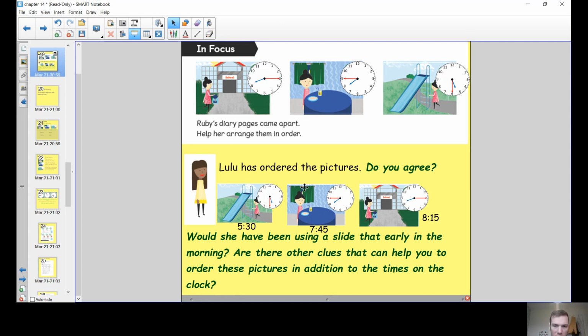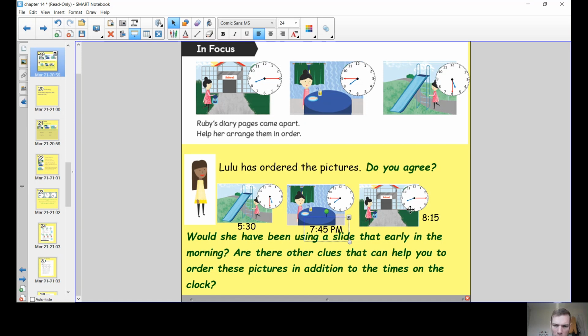Well, I think this is a really big clue here in this middle picture Lulu's chosen. We've got the curtains closed and it's dark outside. So I don't think this is breakfast at all. I think this is a bit of a snack before bedtime, perhaps. I think this is 7:45 p.m. in the evening.